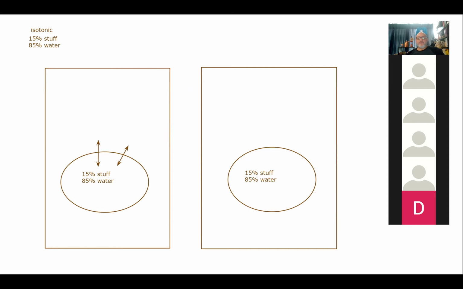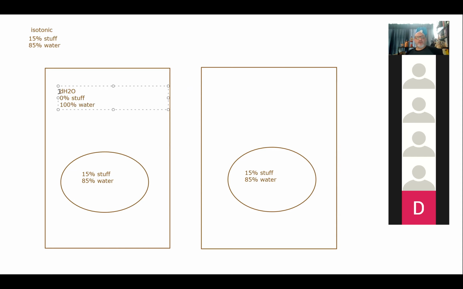All right. However, if instead we took that cell and dumped it into deionized water, what percentage of stuff is there in deionized water? Essentially 0% stuff, which means how much water? 100% water.